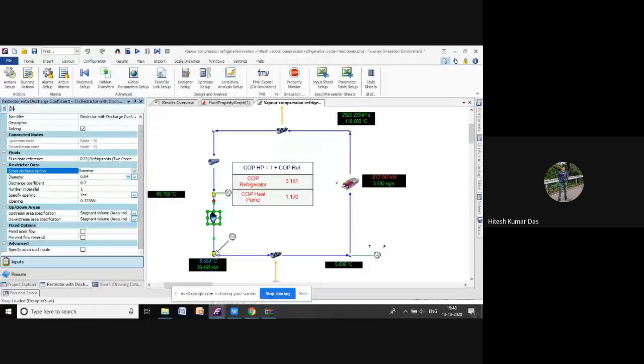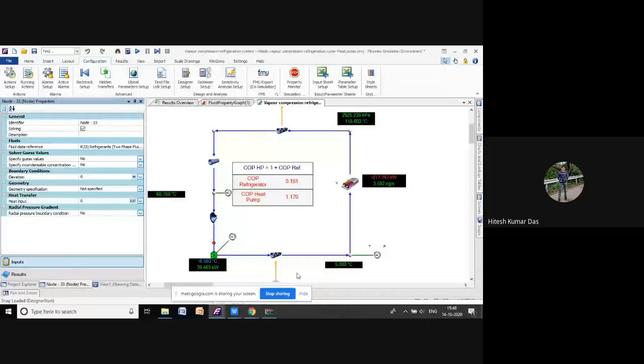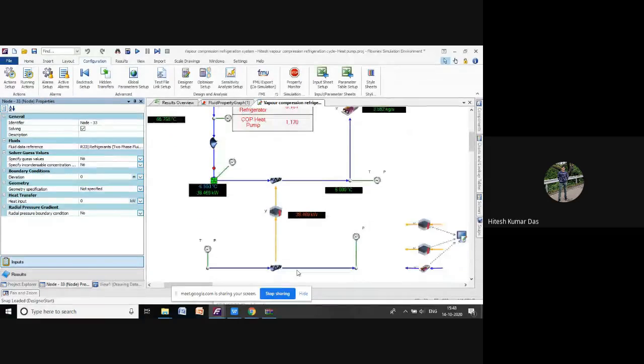Next, this is the isoenthalpic expansion outlet node. I will solve this network. Next, I will show you this stage. This stage is heat rejection at constant pressure, which is the evaporator.